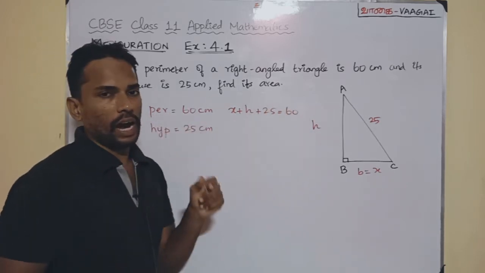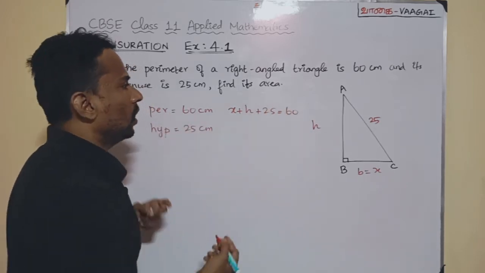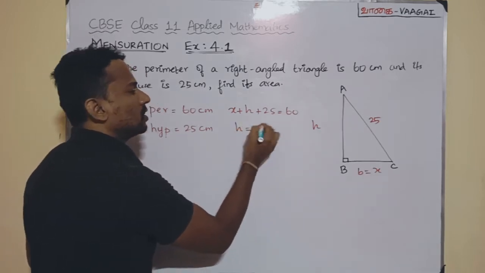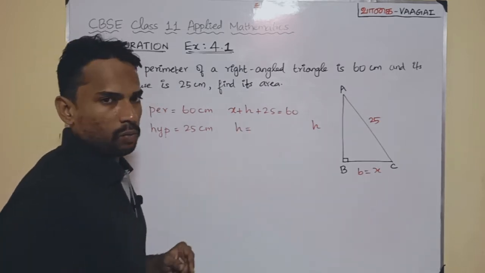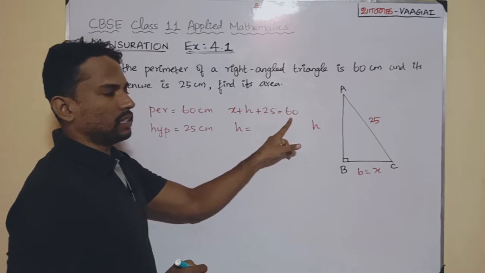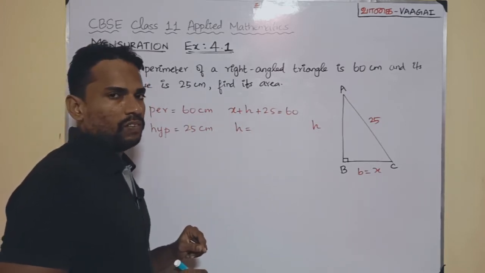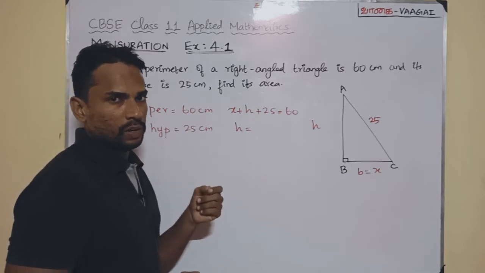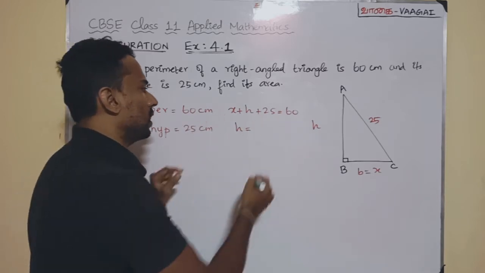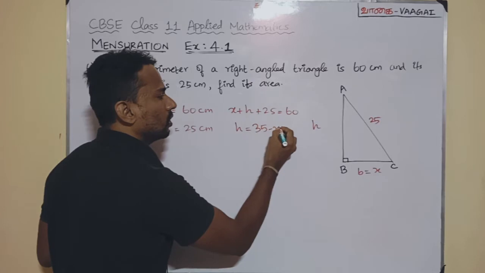Now for h, the height will be 60 minus 25 minus x. 60 minus 25 is 35, so h is equal to 35 minus x.